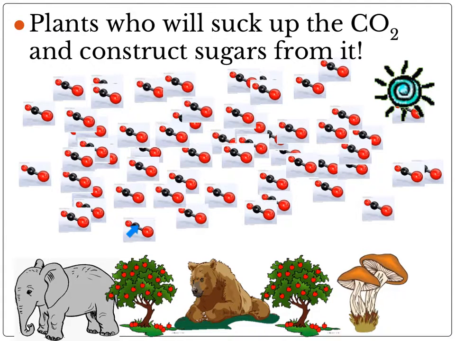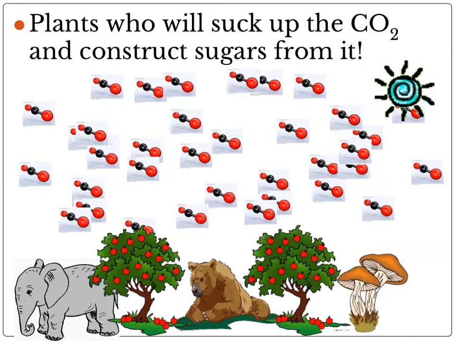If we added plants, they would suck in this CO2 by doing photosynthesis with the chloroplasts that heterotrophs do not have. The elephant, the bear, and the mushroom do not have chloroplasts, but plants, these green beings with their chlorophyll color, can do photosynthesis and suck the CO2 out of the air. As these plants continue to grow larger and larger, they take more and more CO2 out of the air.